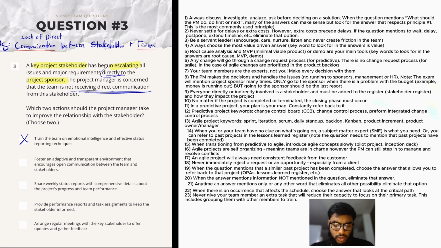Share weekly status reports with comprehensive details about the project's progress and team performance. Okay. Now, that's fine. Again, it's not about status reports. It's mainly about direct communication. So this part doesn't really address the root problem, the problem statement. Comprehensive details. You know what's a quick hack? When they mention requirements in your PMP questions, it is usually an agile project.